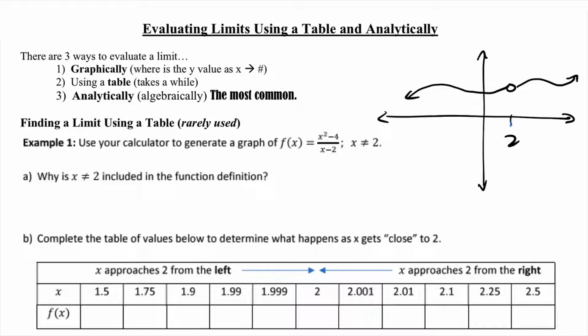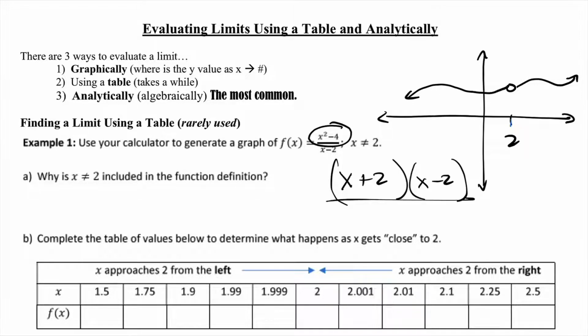When you factor it, yeah, the top you can factor. The top is difference of squares. One of the things you had on your summer assignment quiz, you had some difference of squares on there. It would be x plus 2 and x minus 2. The bottom would be x minus 2. Those would cancel out. So you're left with x plus 2. Okay?